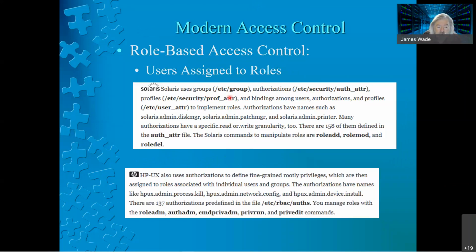Solaris, of course, uses groups, but they had this authorization right here and profiles that would allow you to create and assign different roles to different users. So I could have multiple groups, and depending on what group you are, you had certain access to certain abilities to do things. Okay, this was called role access.